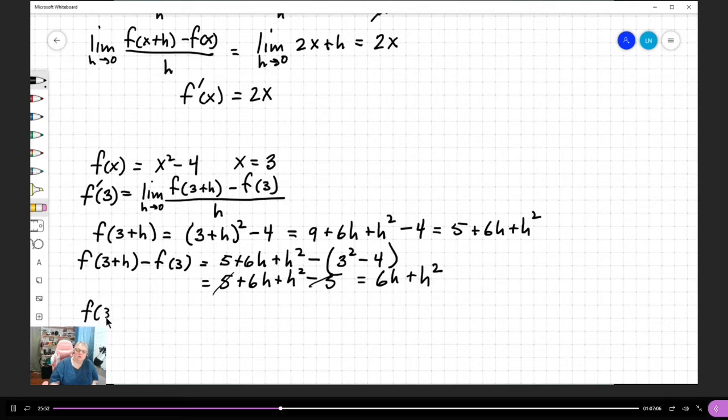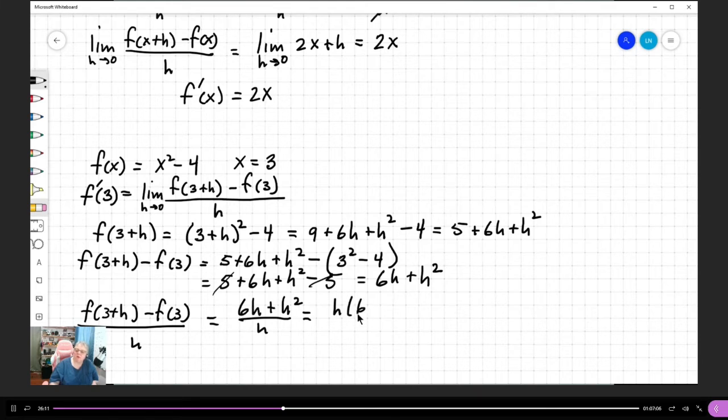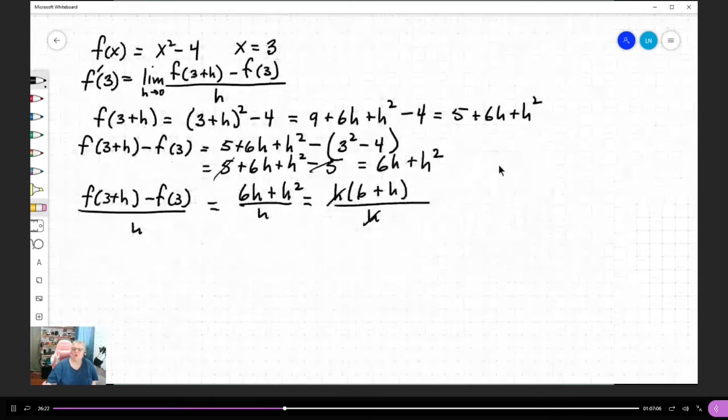All right, so f of 3 plus h minus f of 3 all over h is 6h plus h squared all over h. I've got a common factor of h here, so I'm going to take that out. Let me get some more room here.